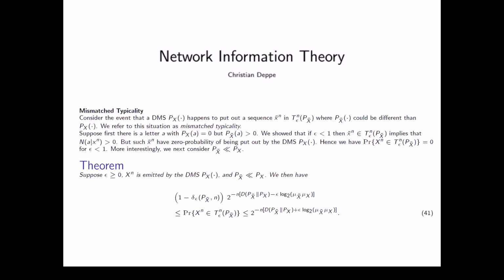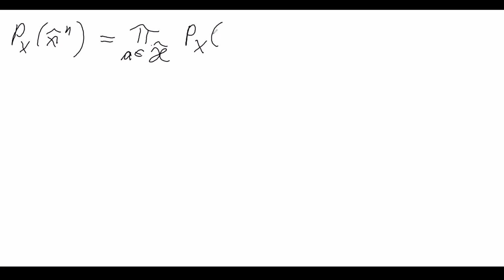Therefore, I open again a whiteboard for you. So let's see. First we look at the probability concerning Px of x̃^n. For the proof, we just assume that all probabilities are positive. So this is equal to the product over all a in the alphabet of Px(a) to the power of the number of appearances of a in x̃^n.